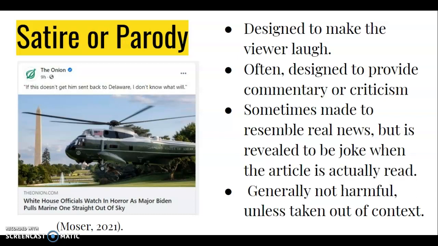You can tell by the absurdity of the headline and the digital image of a dog bringing a military helicopter out of the sky that it is satire. It's a joke, it's obviously fake and for entertainment.